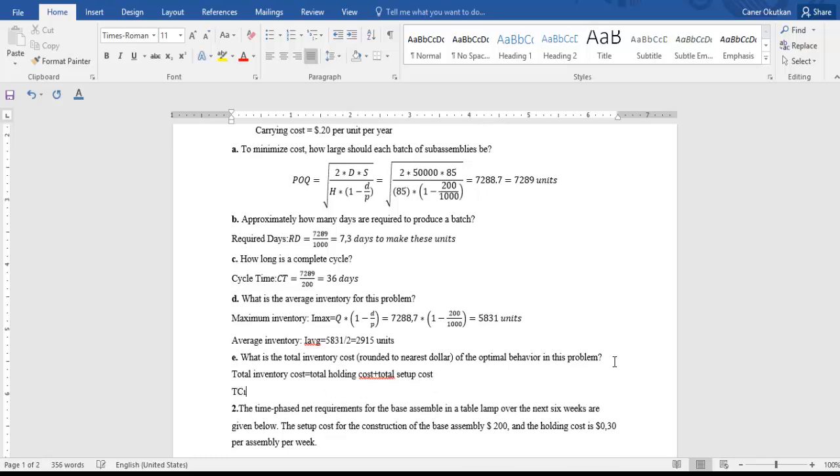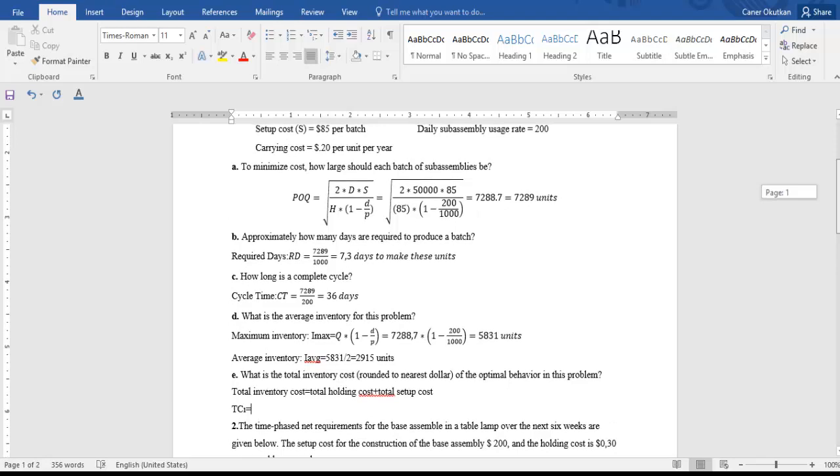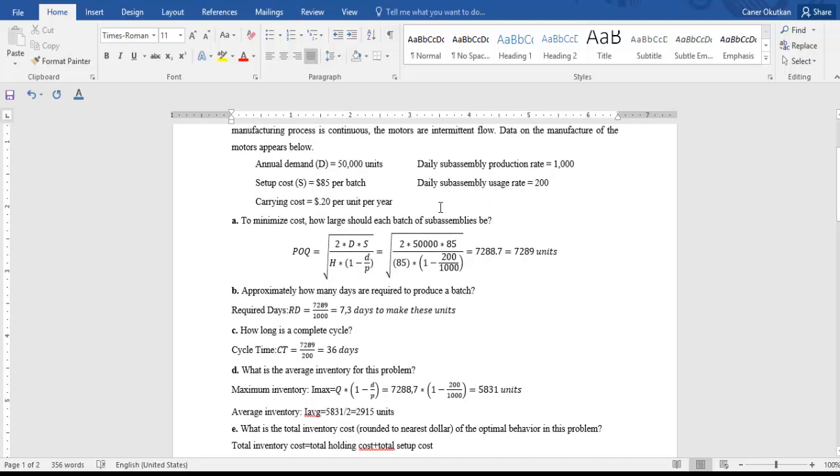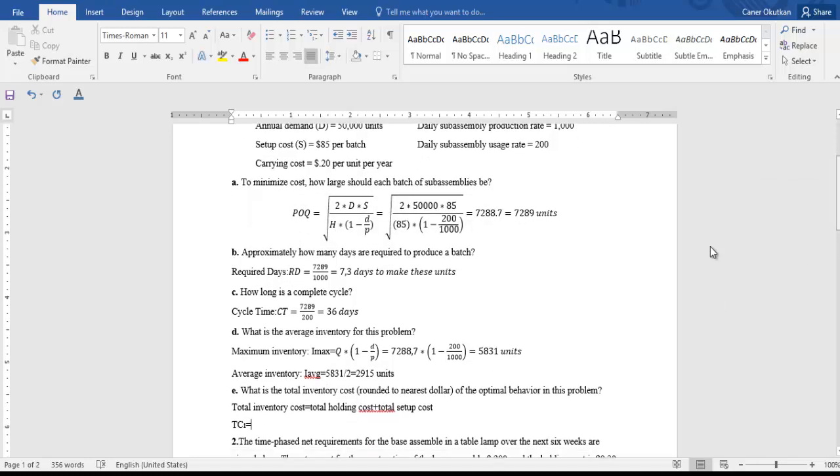TC equals holding cost. What is our holding cost? To find holding cost, our holding cost is 0.20 per unit per year, so 0.20, and we use the average inventory.